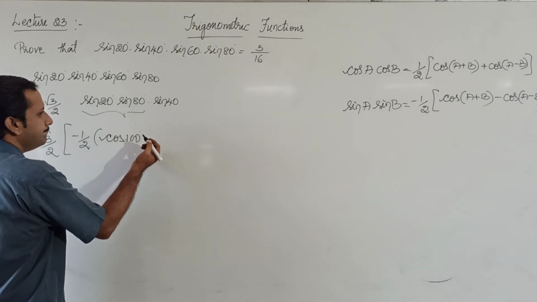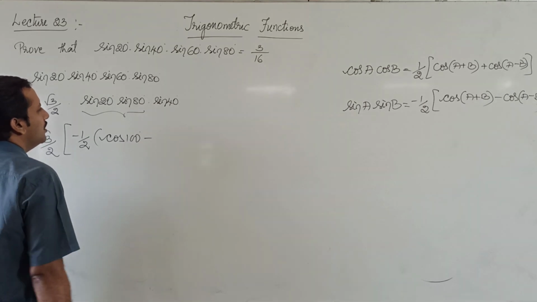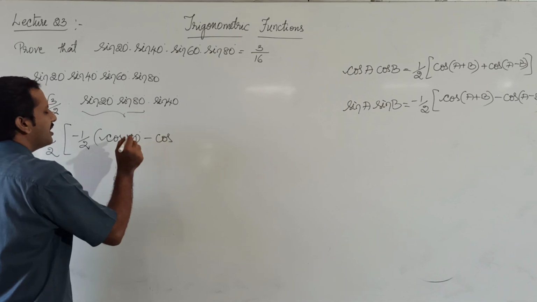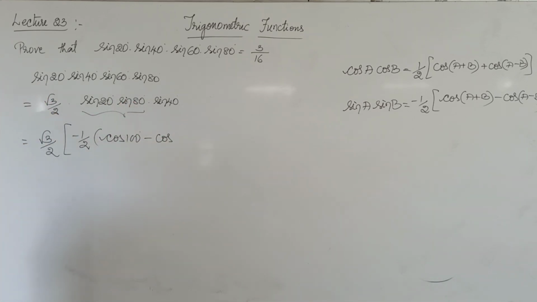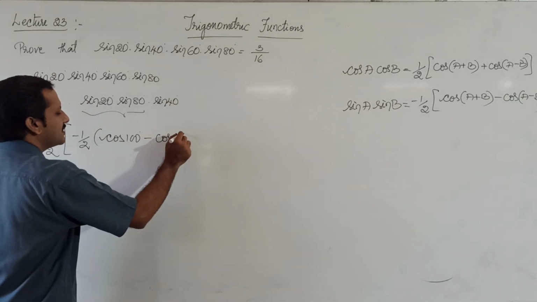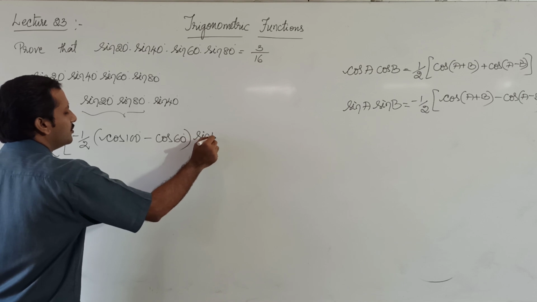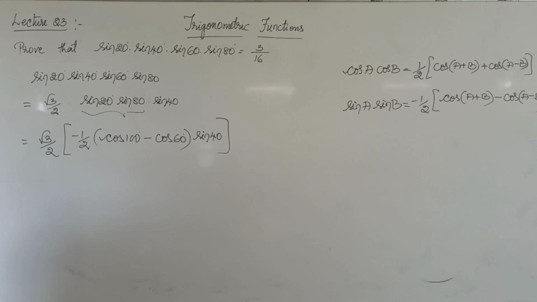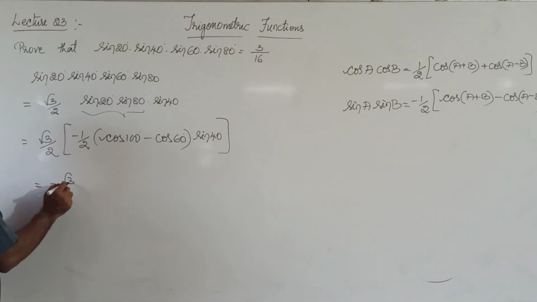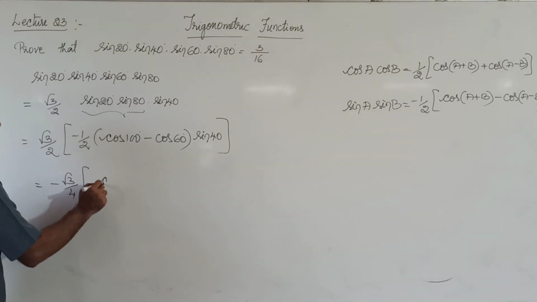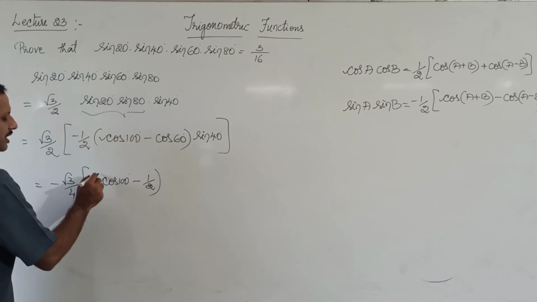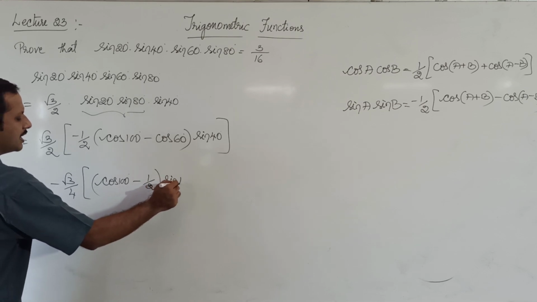Then minus cos(A minus B), where A minus B means 20 minus 80, which is minus 60. Cos of minus 60 is the same as cos 60, into sin 40. This minus 1 by 2 I will bring outside. So we get minus root 3 by 4 into (cos 100 degree minus cos 60 degree, which is 1 by 2) into sin 40.